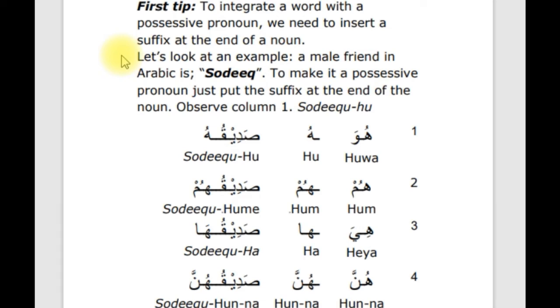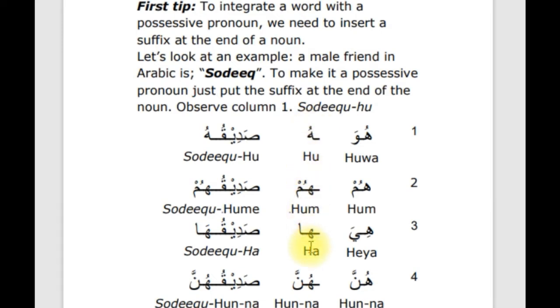A male friend in Arabic is Sadiq. To make it a possessive, just put the suffix at the end of the noun. Observe column 1. Sadiquhu. Huwa. The first column is a separated pronoun.